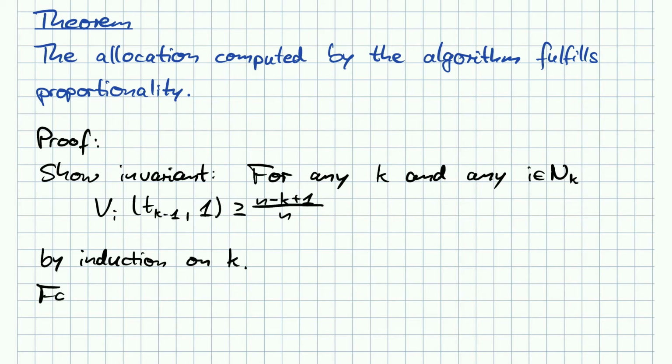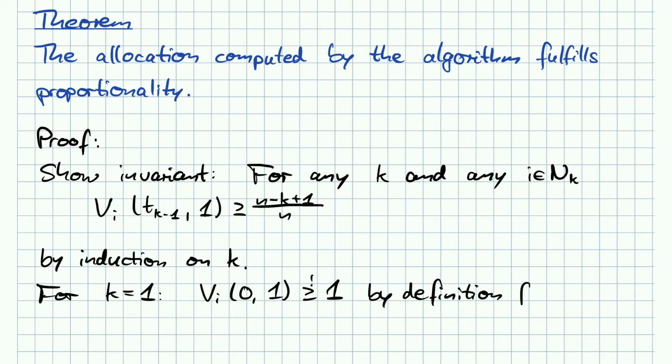Namely, we'll have the case that k is equal to 1, then we'll have that vi of (0, 1) will have to be at least 1. This is by definition, because we say, okay, they value the entire cake by 1.